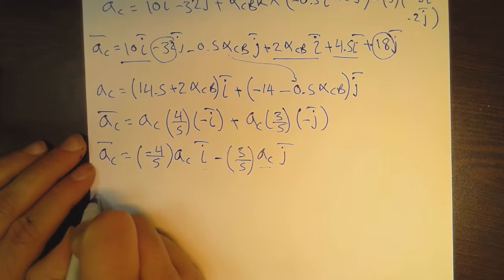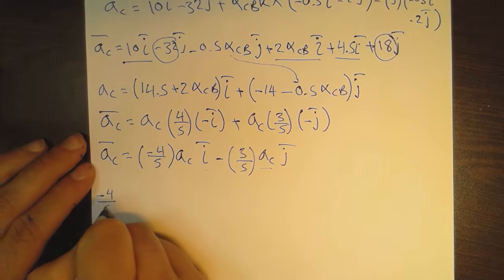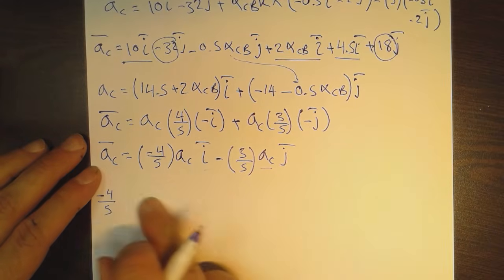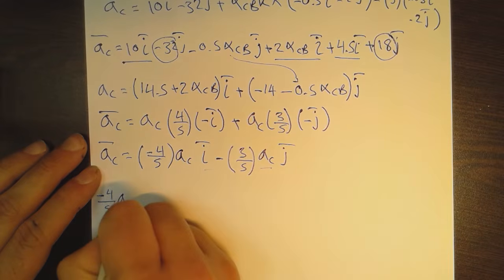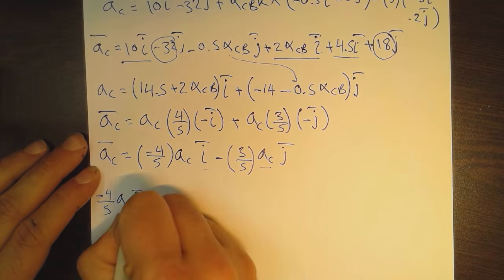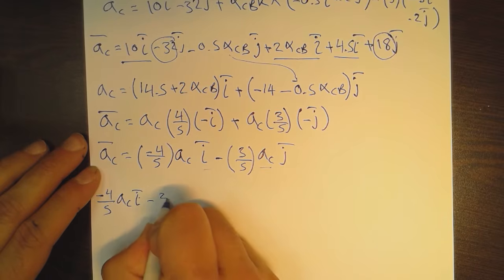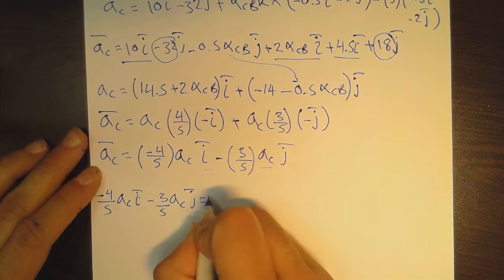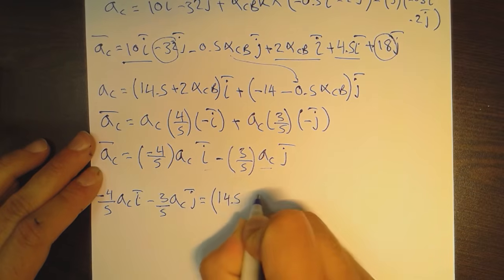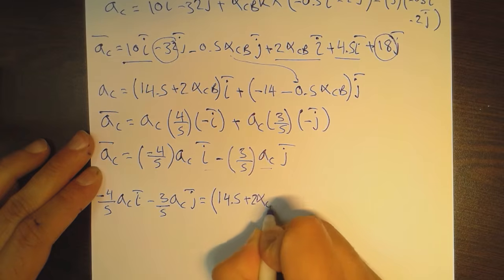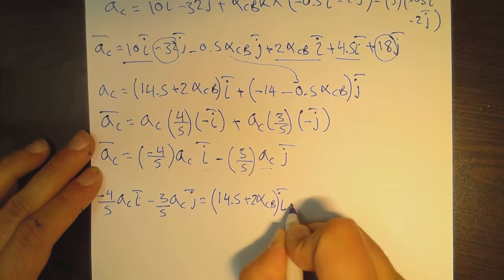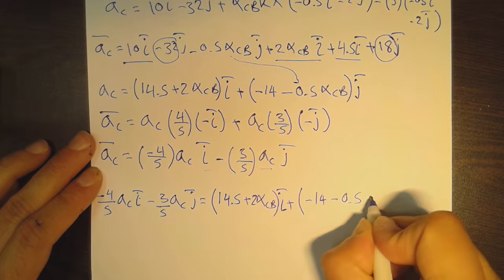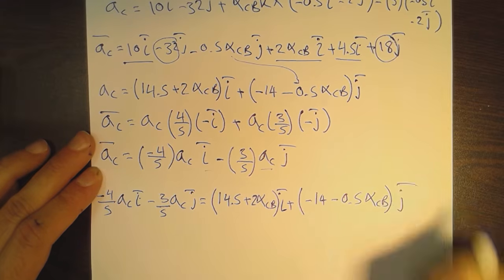Minus 4 over 5 ACI, minus, I'm sorry, this is minus 3 over 5 ACJ. It's equal to 14.5 plus 2 alpha CB I plus minus 14 minus 0.5 alpha CB J. So that's what we have.